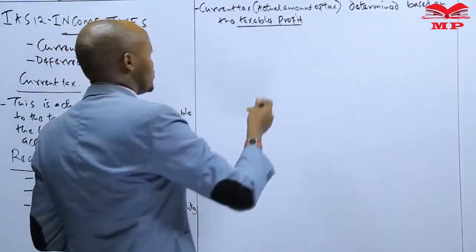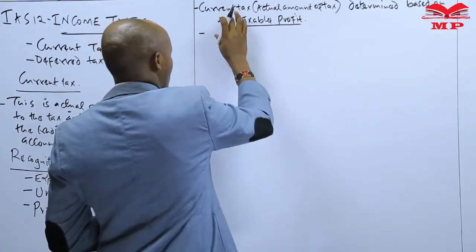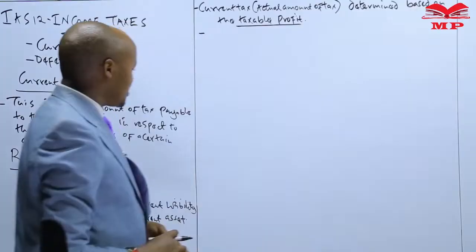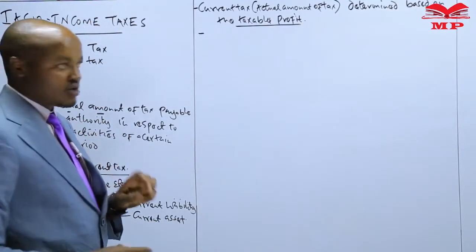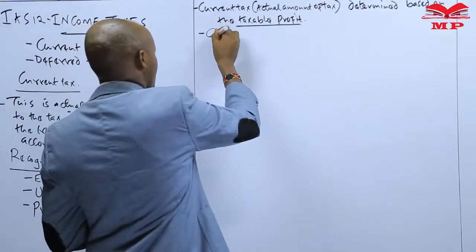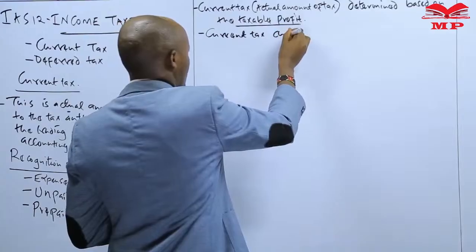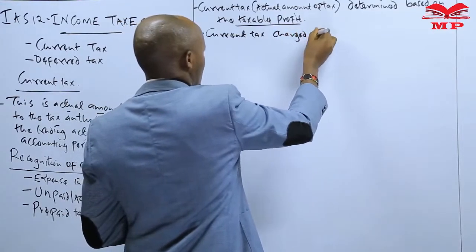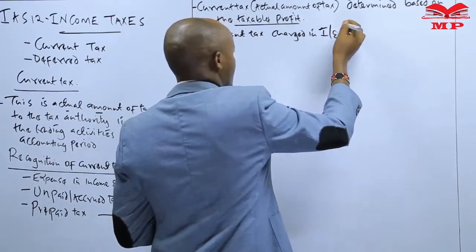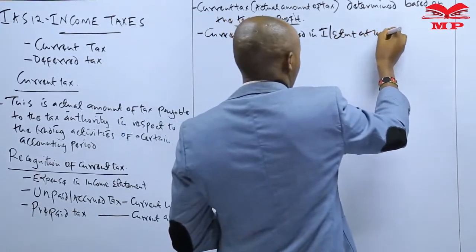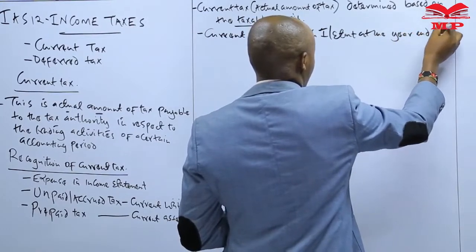And therefore, what you need to note is that as at the end of the year, the amount of tax which will be charged in the income statement is usually a provision. Meaning that the amount of current tax which is charged in the income statement at the year end is usually a provision.